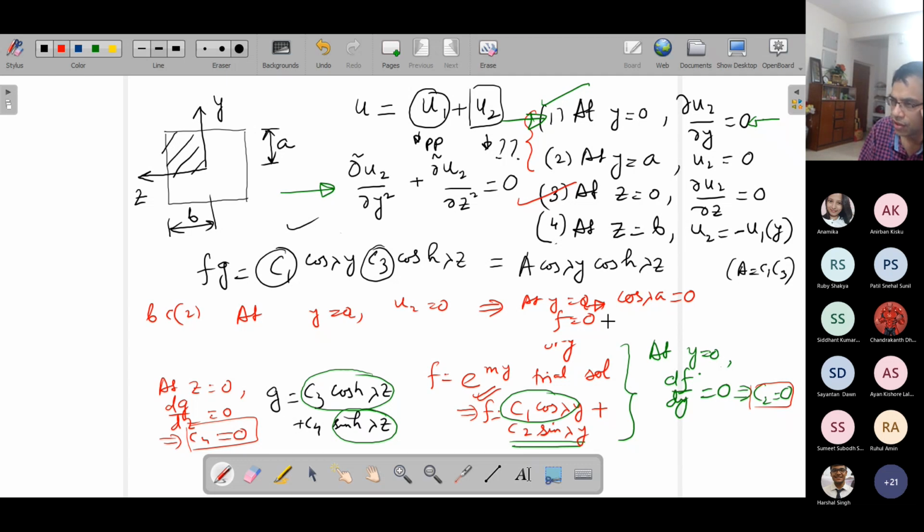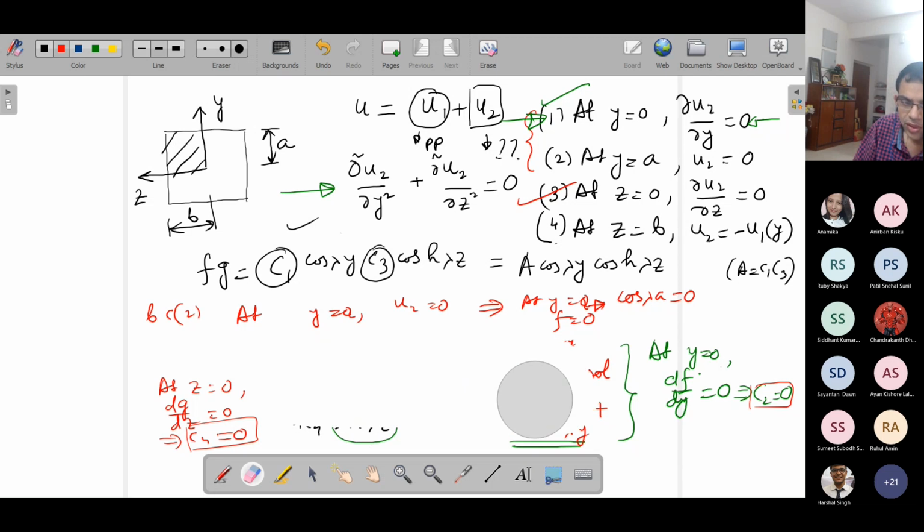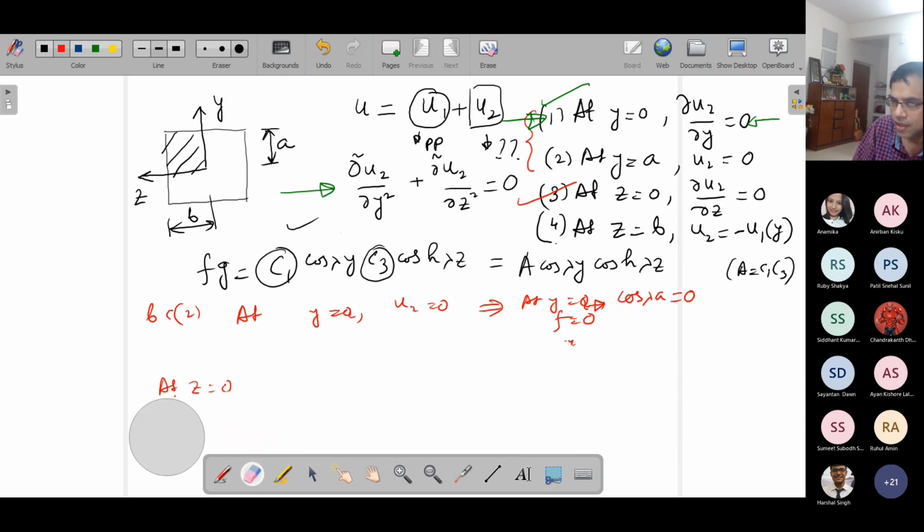So from basic school level trigonometry, you know it quite well that when cos theta equal to 0, theta is 2n plus 1 into pi by 2. So basically odd multiple of pi by 2.